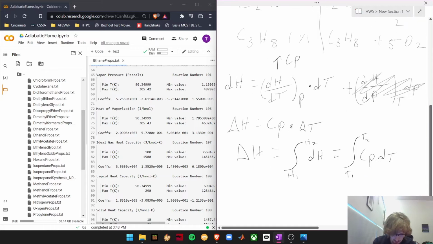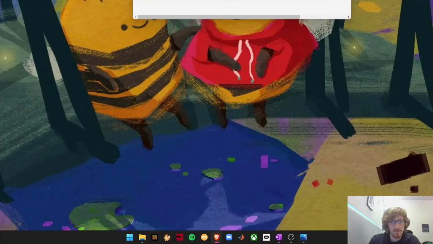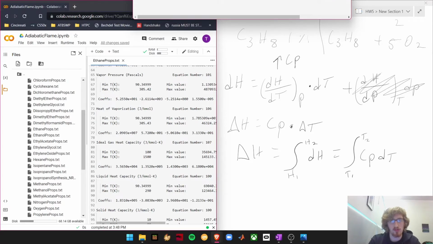So if we go back over here and take a look at this ideal gas heat capacity, it says equation number 107. So I'm going to pull that up on my screen that you cannot see, and then I'll move it down. So this is ChemCAD equation 107.